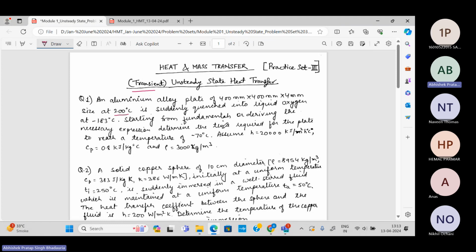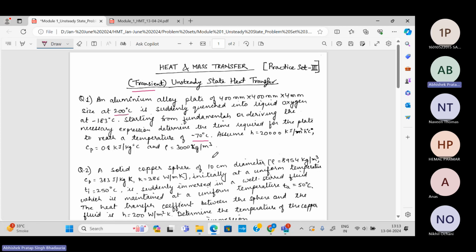Starting from the fundamentals or deriving the necessary expression, determine the time required for the plate to reach a temperature of minus 70 degrees Celsius. Assume the convective heat transfer coefficient equal to 20,000 kJ per meter square hour degree Celsius, and Cp is also given, 0.8 kJ per kg degree Celsius, and the density rho is 3000 kg per meter cube.